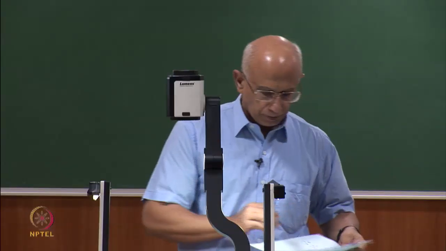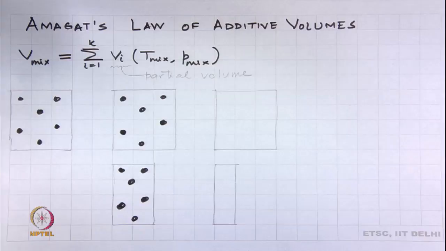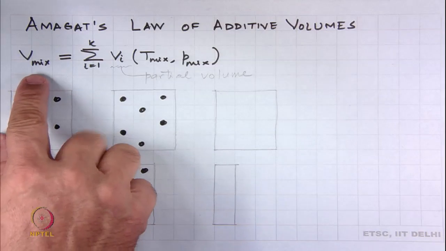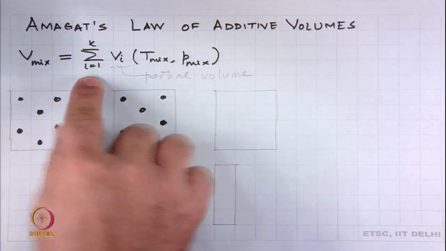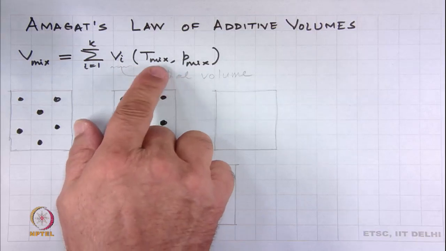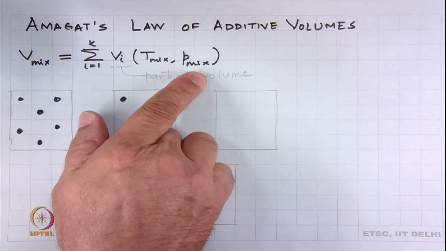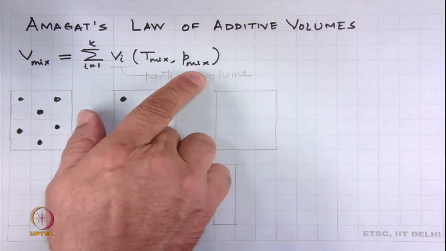We now go to the second law, which is Amagat's law of additive volumes. Simply put, it says that V mix is the summation of V I, provided the component is at the same temperature and the same pressure as the mixture.